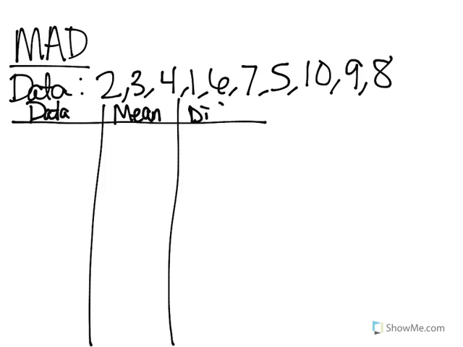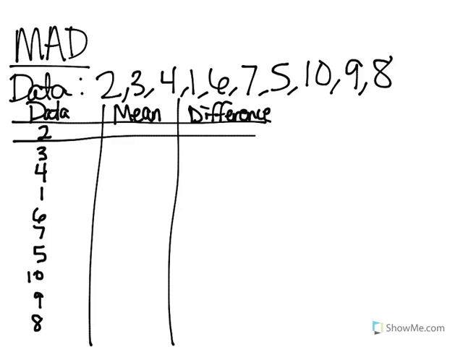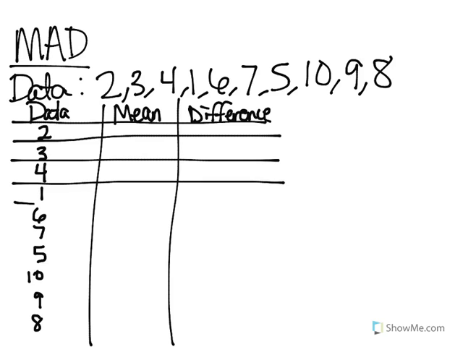And then I'm going to write my difference. So my data is 2, 3, 4, 1, 6, 7, 5, 10, 9, and 8. That's my data. So I'm putting that in my table.